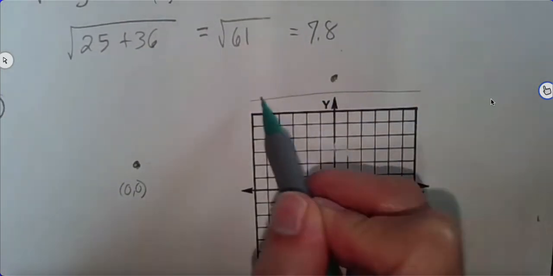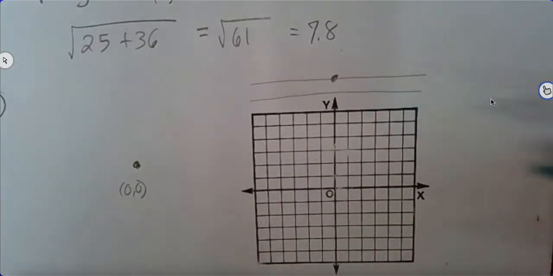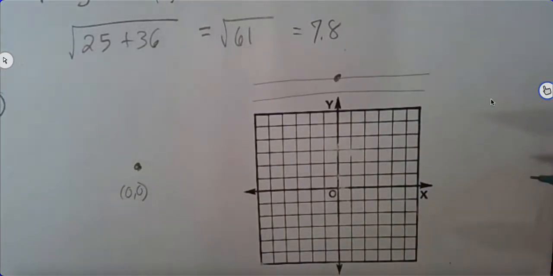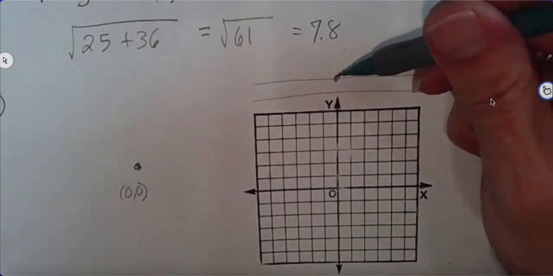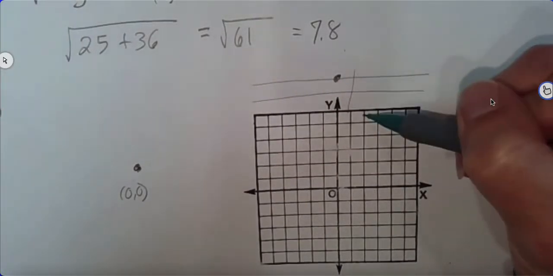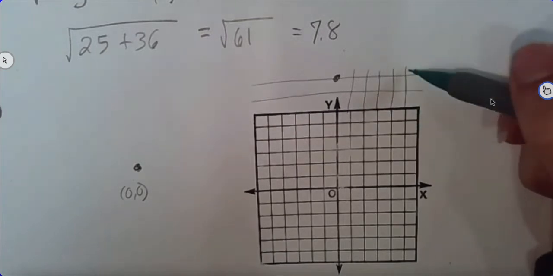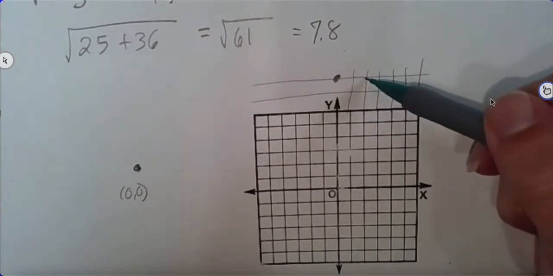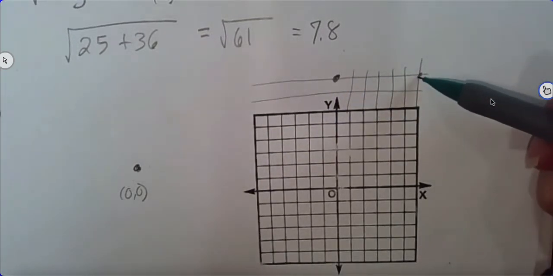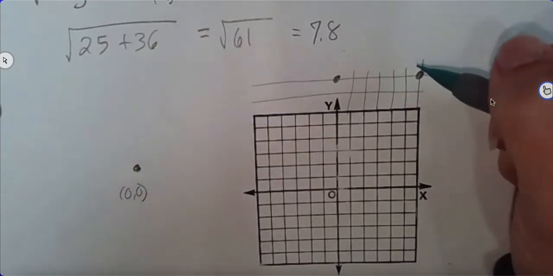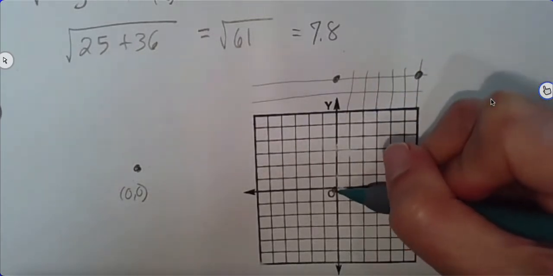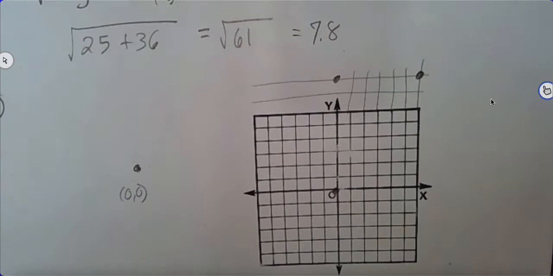Then it says from there, 6 blocks east. So how many am I going to go over? Let me extend my graph. 1, 2, 3, 4, 5, 6. So here's my end point. Here's my 6 blocks east. That was 8 blocks north, 6 blocks east.